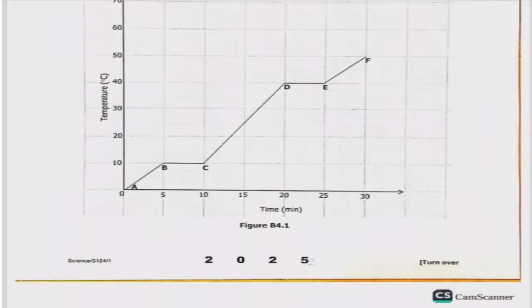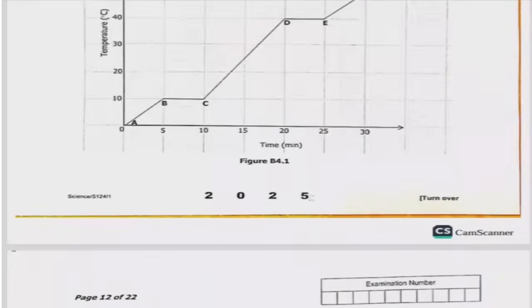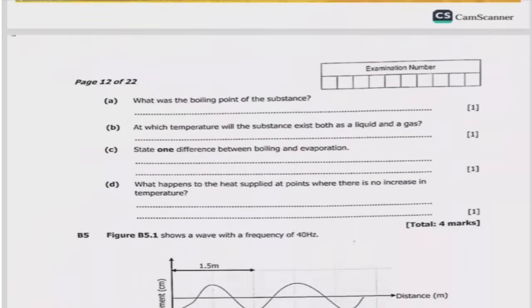So at A, it was a solid and the temperature increased. At B, it changed from a solid to liquid, and then it started boiling. At D, it started changing from liquid to gas. So that is 40 degrees Celsius. So there we can put the answer to be 40 degrees Celsius.